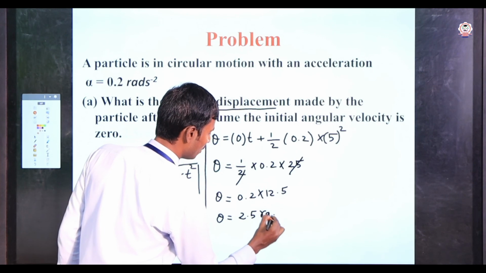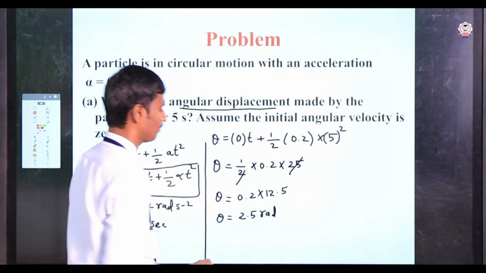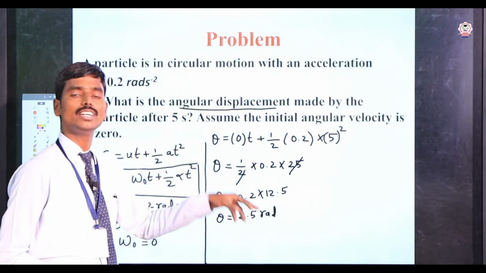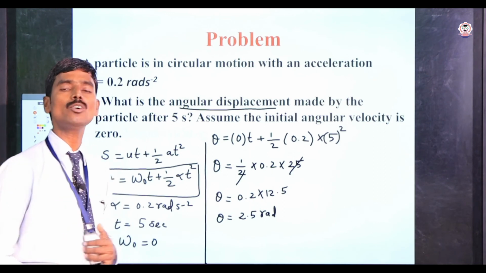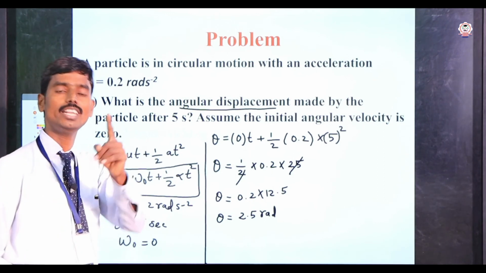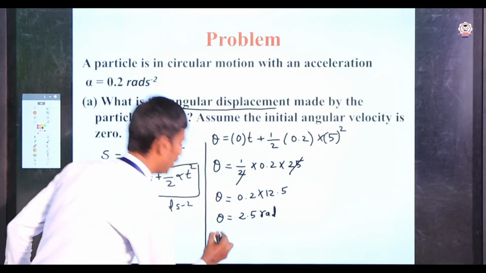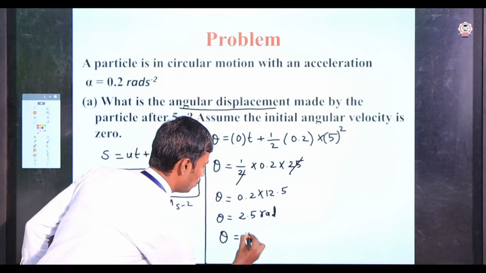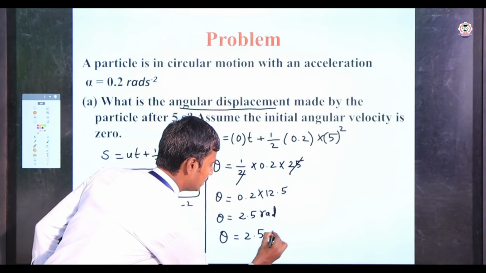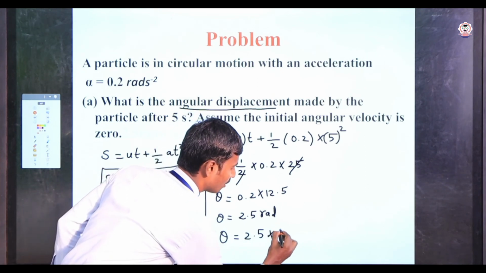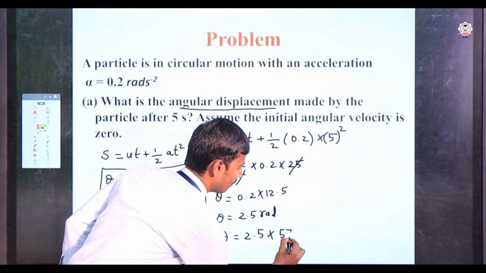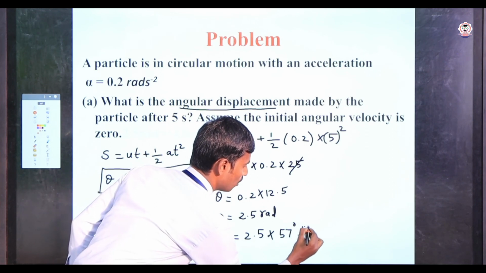Now convert it into degree. 1 radian is equivalent to 57 degree 17 minutes. So theta equal to 2.5 into 57 degree 17 minutes.